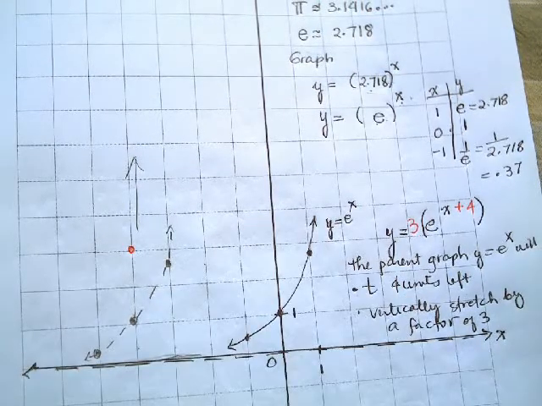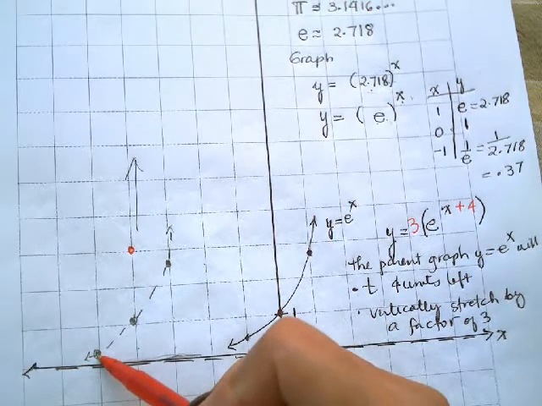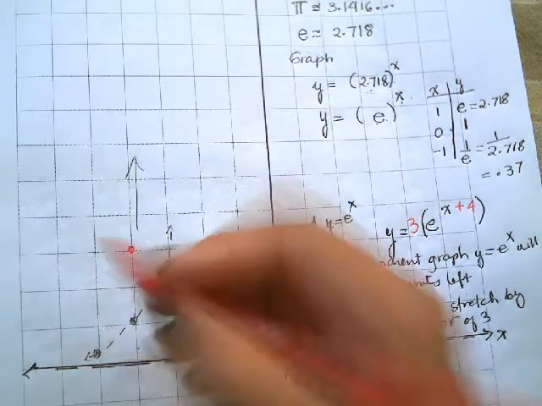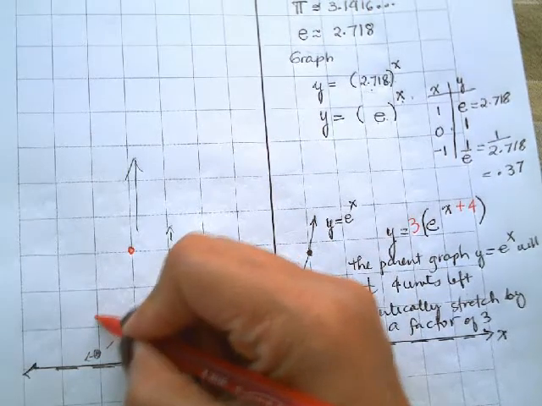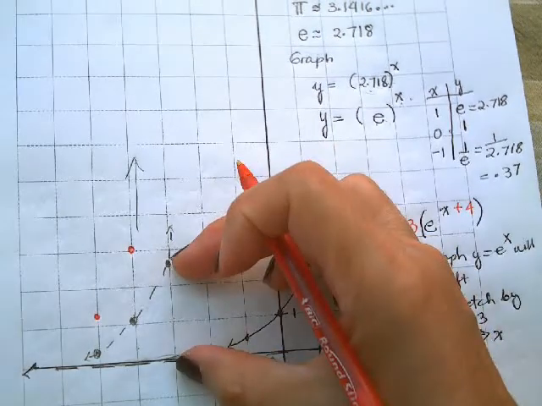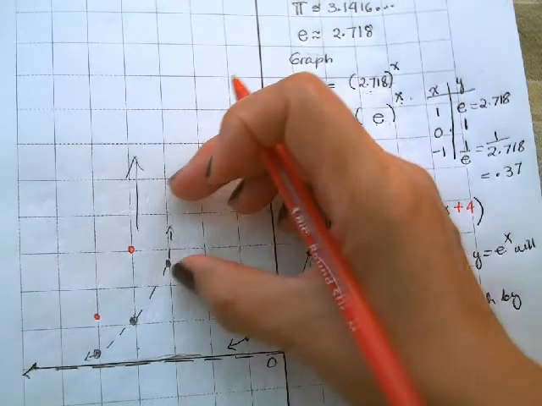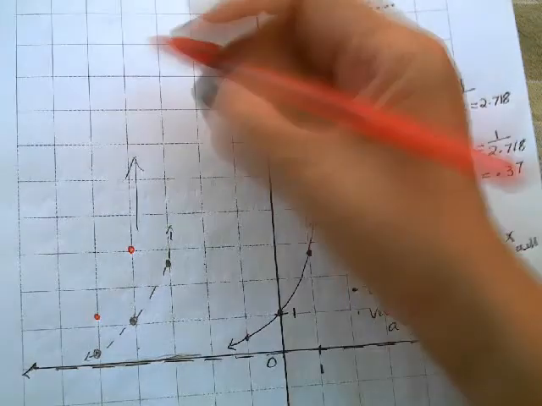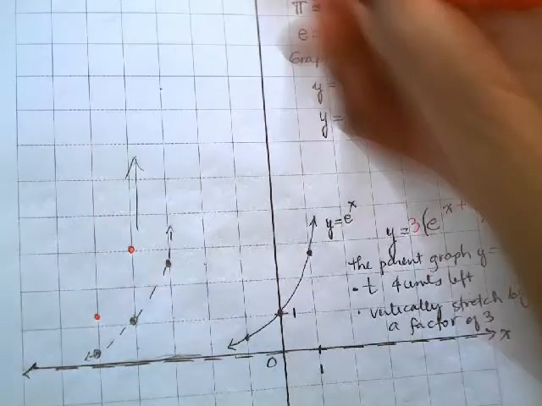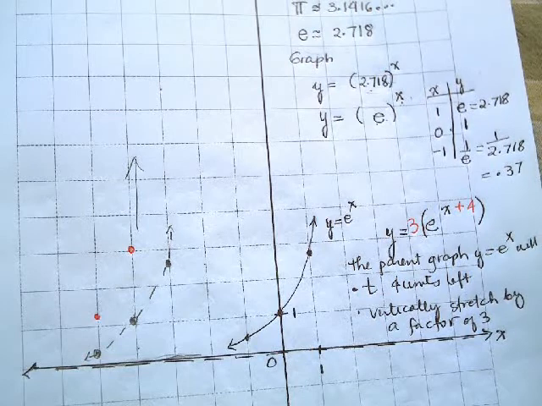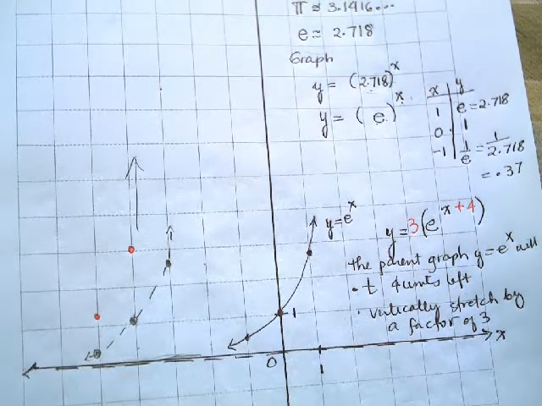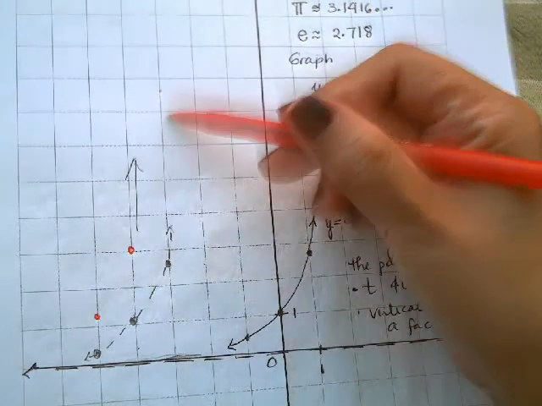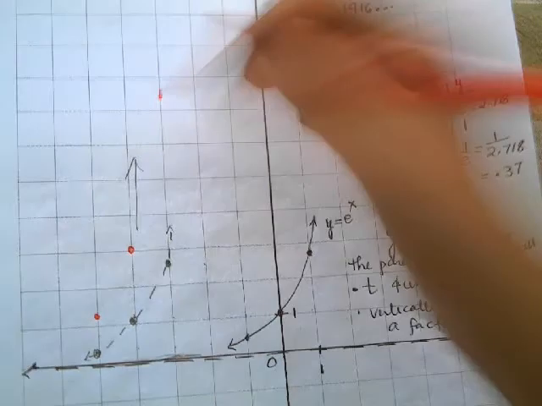This is 0.37, and another 0.37, and another 0.37, so the point will be somewhere here. And this is 2.7, another 2.7, and another 2.7, so it will be somewhere there, about 8.